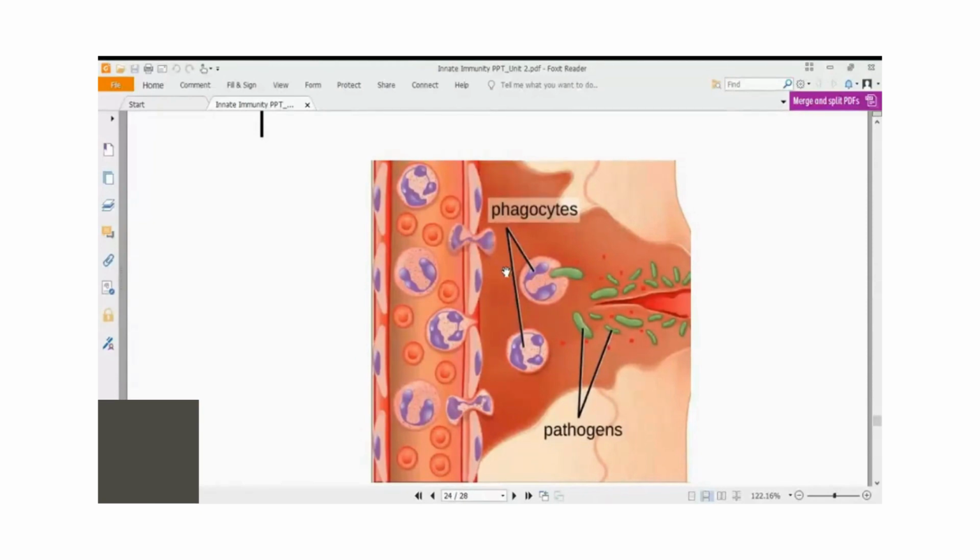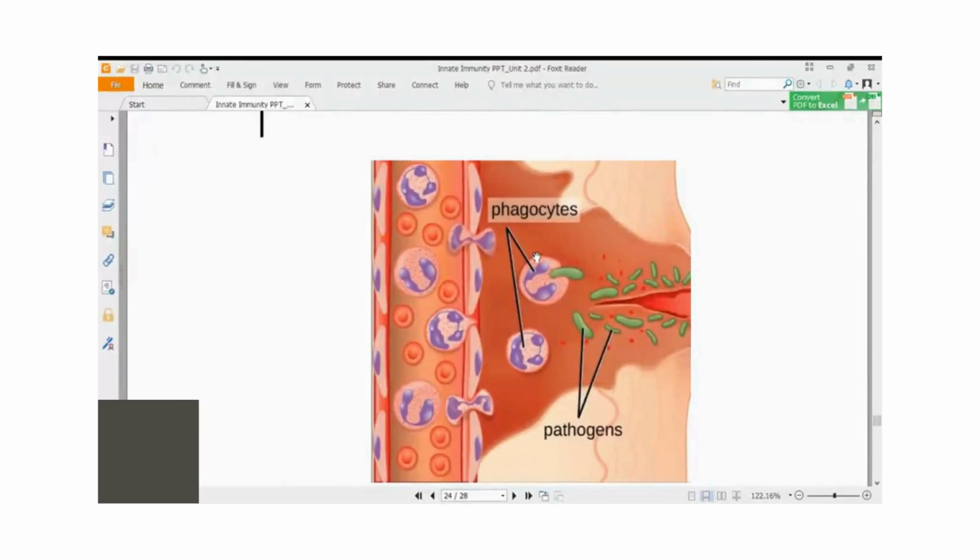And what makes the area where the invasion has taken place to be recognized is because of some receptors that are there, which are called TLRs, toll-like receptors. We'll come to that receptor a little later. But for the time being, keep in mind that any foreign invasion that has taken place in the body causes inflammation in that area.